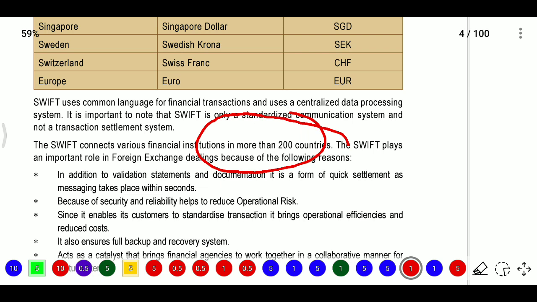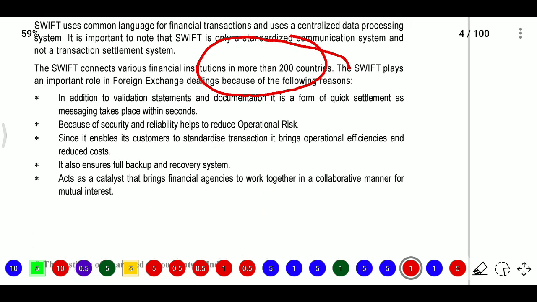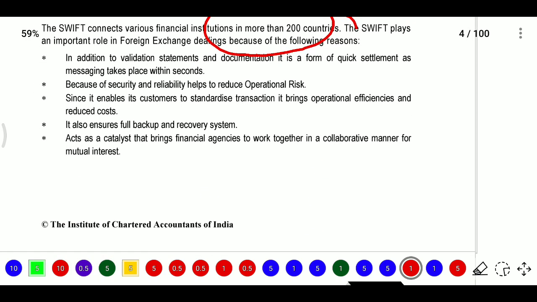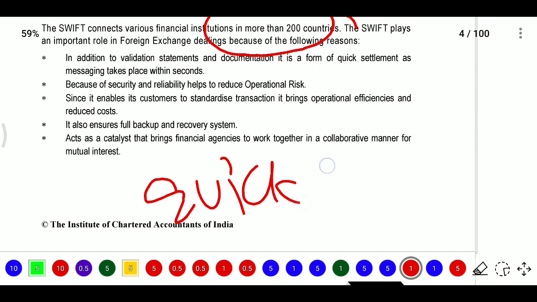SWIFT plays an important role in foreign exchange dealings. The first reason is that, in addition to validation, statement and documentation, it forms a quick settlement, as messaging takes place within seconds. So it acts like a quick settlement, but it is not a settlement.